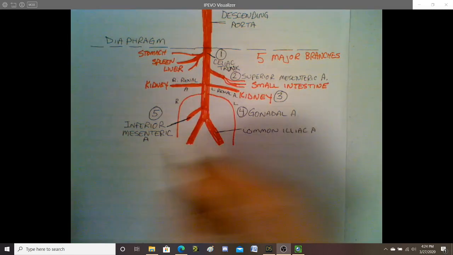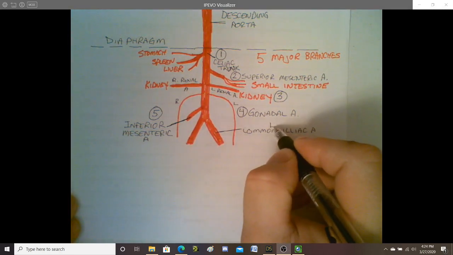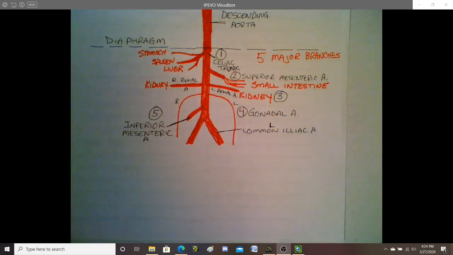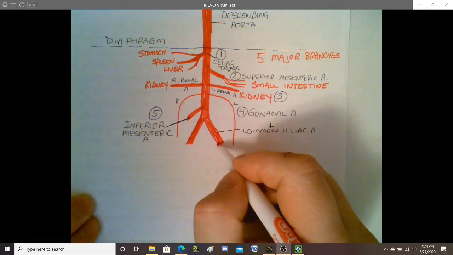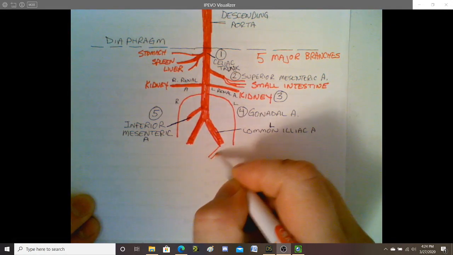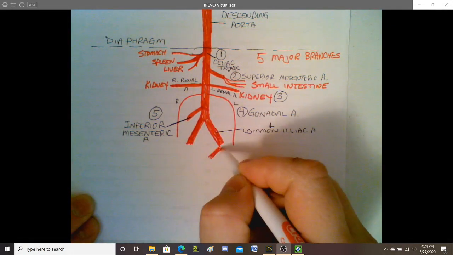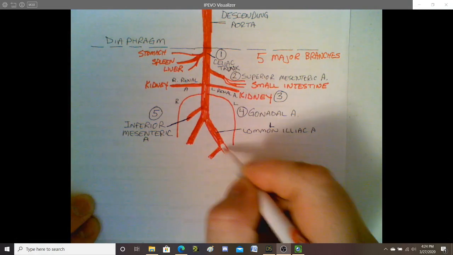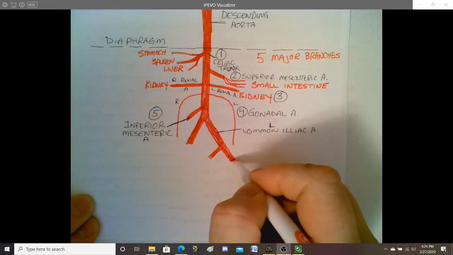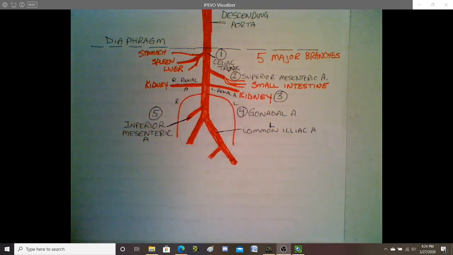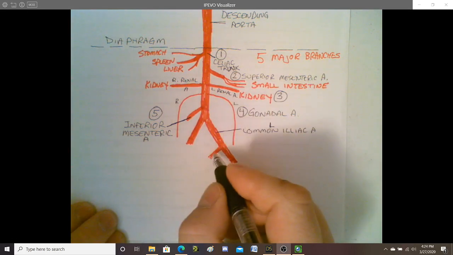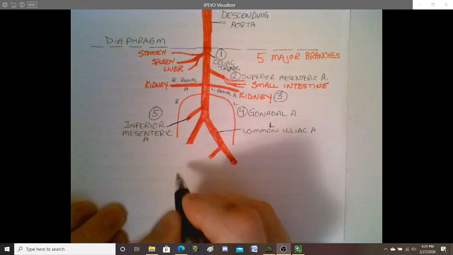Now, this is on the left side, so I'll call it the left common iliac artery. Now, the left common iliac artery is going to branch, and you're going to have a branch that goes inside, and then a branch that continues outside. So it changes names. Anytime we have a branch, we always change names. So the inside branch is the internal iliac.